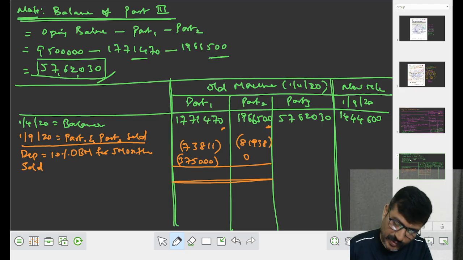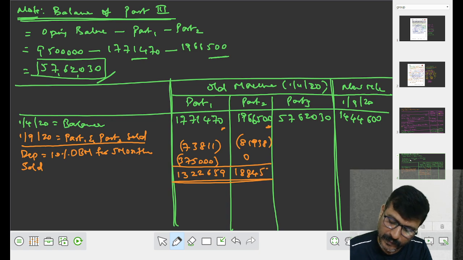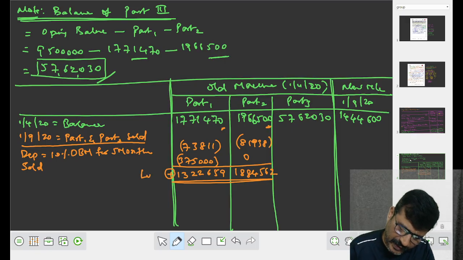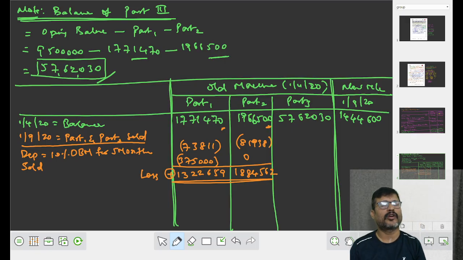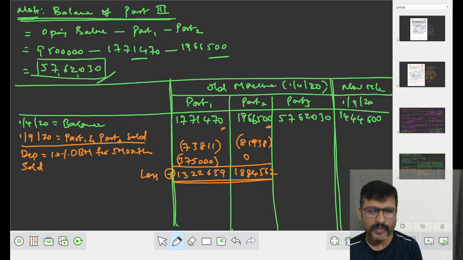The balance comes to 13 lakh 22,659 and 18 lakh 84,562. Since the answer is positive, we can call it as loss, my dear students.